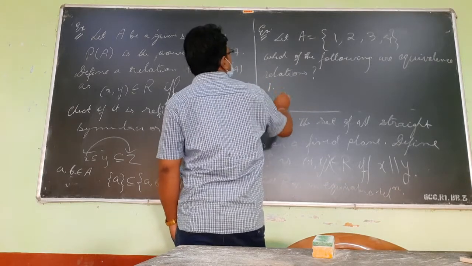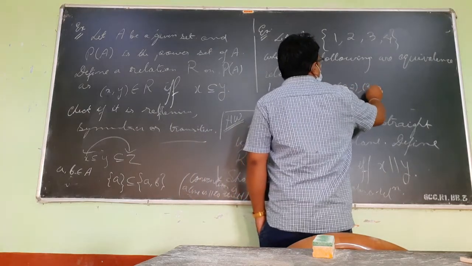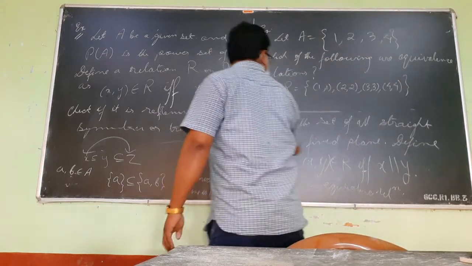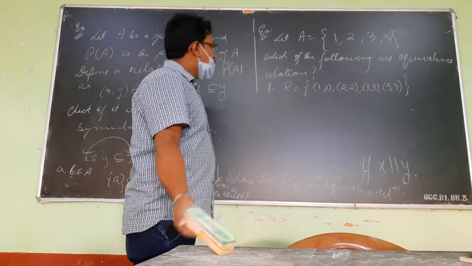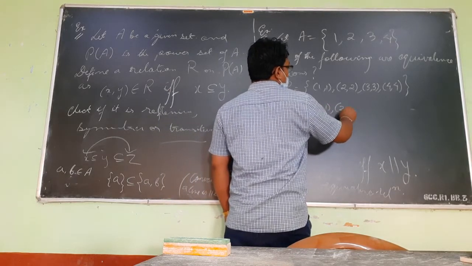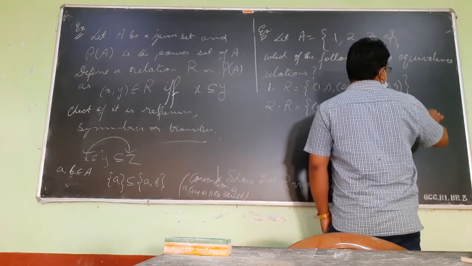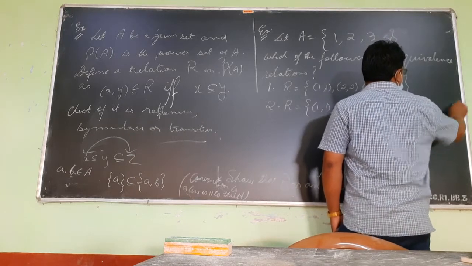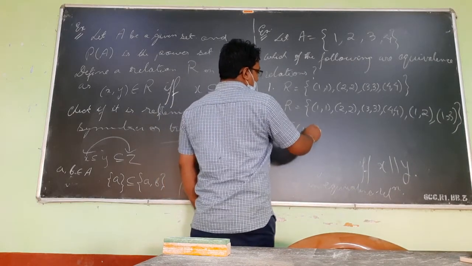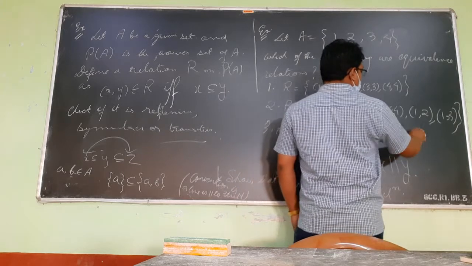Number one: R equals {(1,1), (2,2), (3,3), (4,4)}. Number two: R equals {(1,1), (2,2), (3,3), (4,4), (1,2), (1,3)}. Number three: R equals {(1,1), (2,2), (3,3), (2,3), (3,2)}.